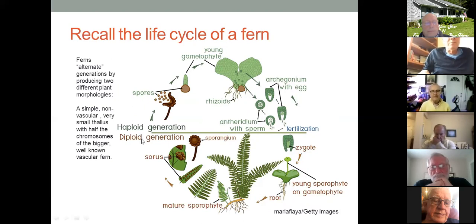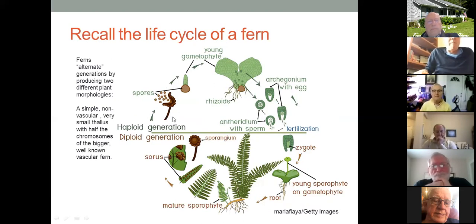The key aspect of fern reproduction has to do with this alternation of generations. You'll see here, these particular features of the fern life cycle are actually haploid, which means they only have half of the complement of genes in every nucleus in every cell.